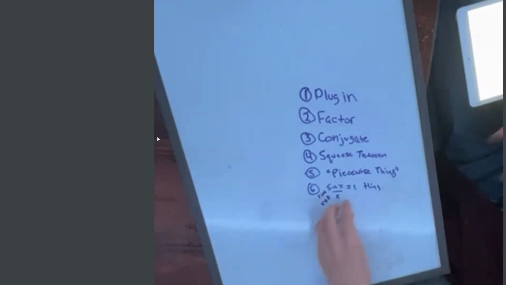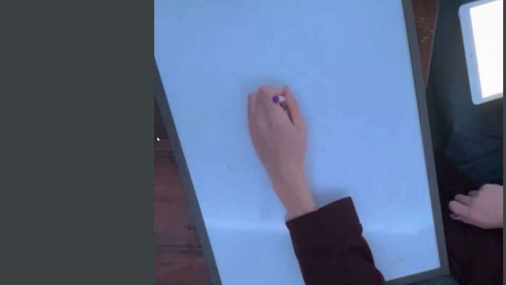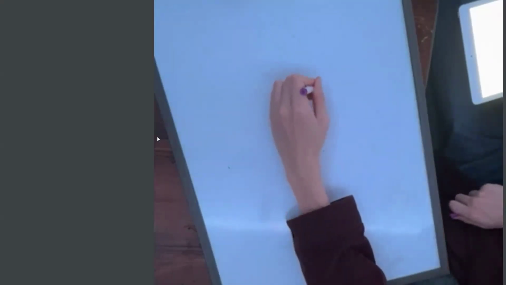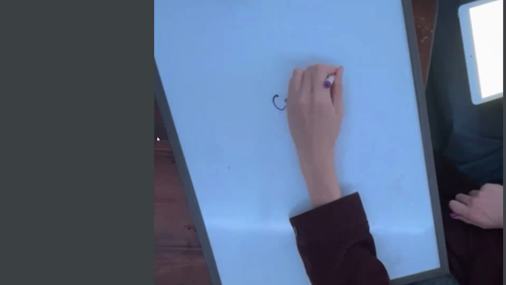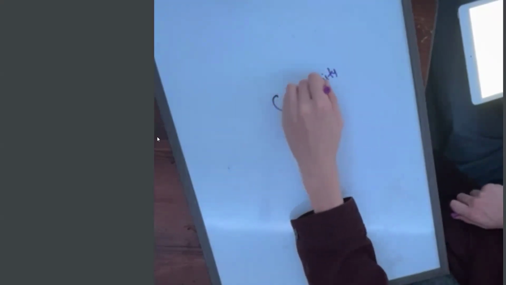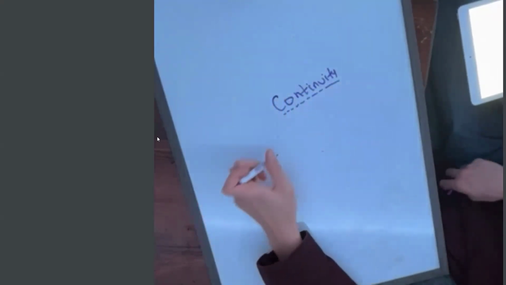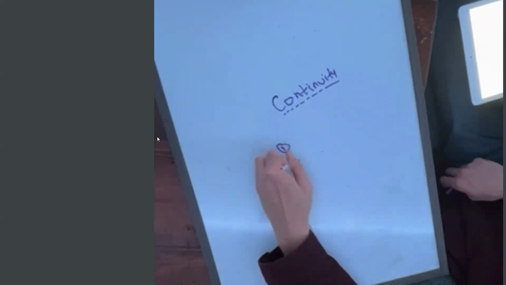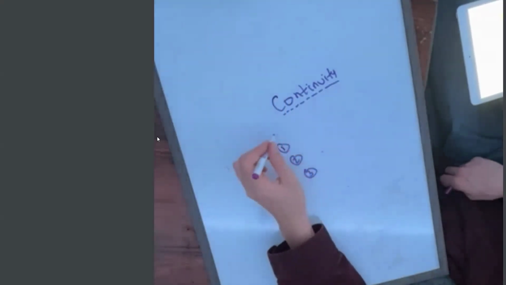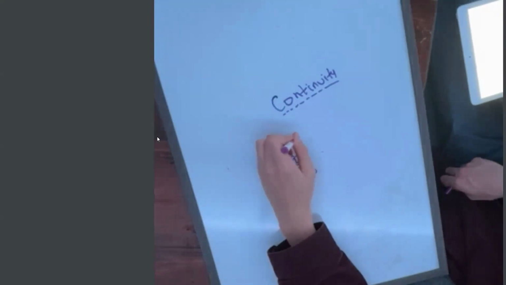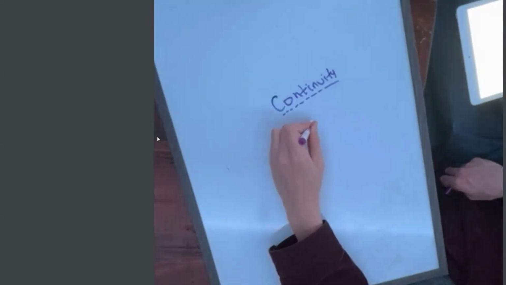Next, we're going to talk about when is a function continuous? Well, this is just one of those things where you just have to memorize the 3 conditions. First thing is, is f of a defined?